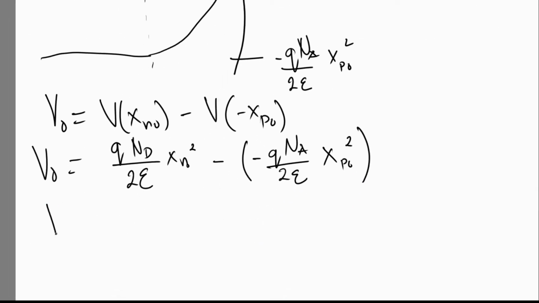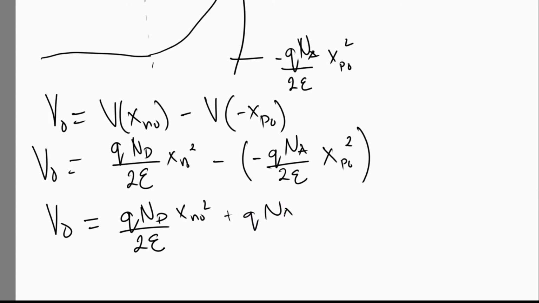Or we get V naught is equal to q N_D over 2 epsilon x n naught squared plus q N_A over 2 epsilon x p naught squared.